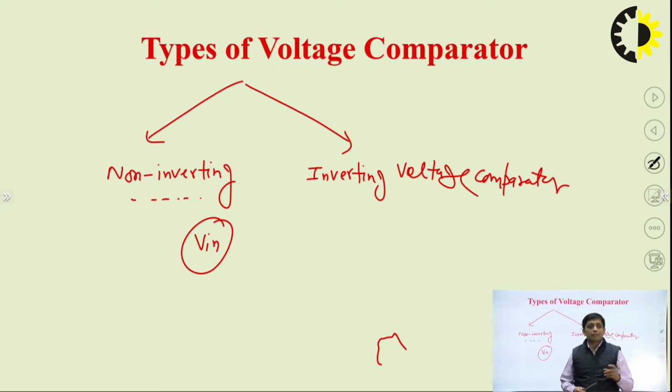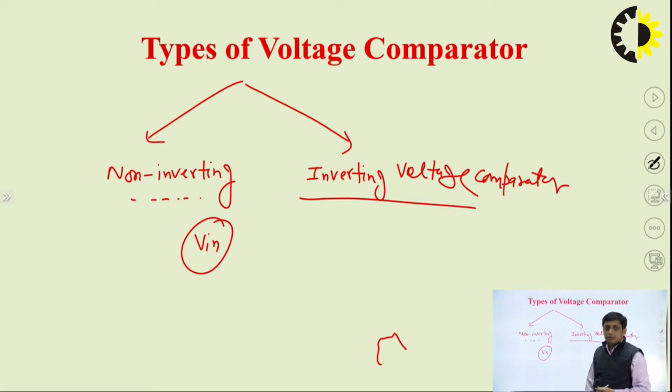So it means that in non-inverting voltage comparator, we are applying the input signal at the non-inverting terminal, and in inverting voltage comparator, we will apply the input signal at the inverting input terminal. That is the basic difference. So from here we can draw the input and output waveform of the non-inverting voltage comparator and inverting voltage comparator.